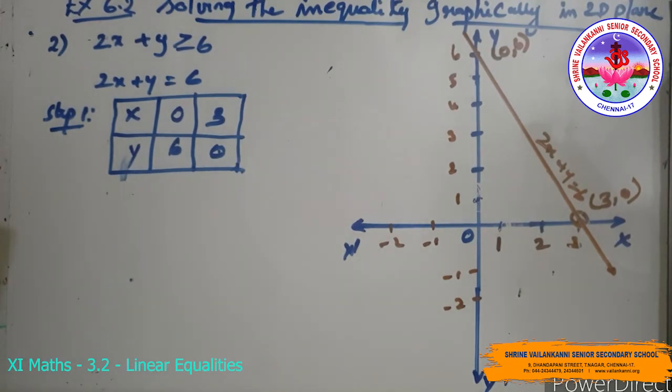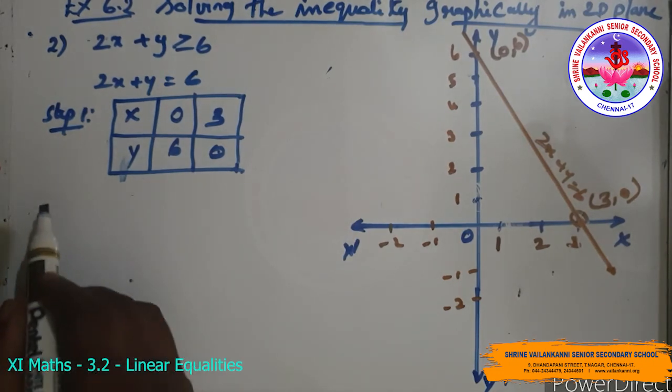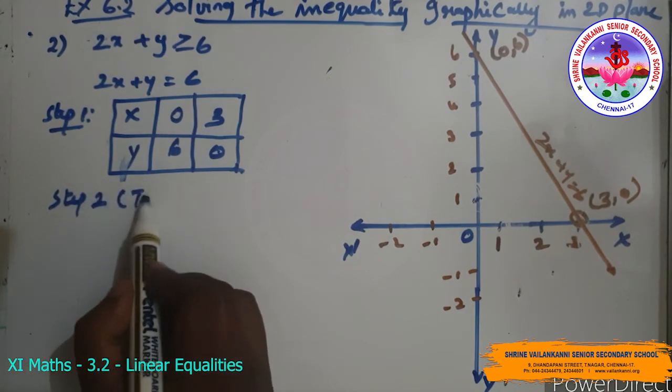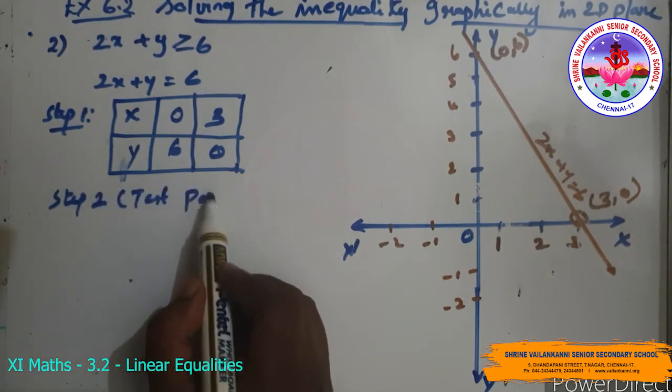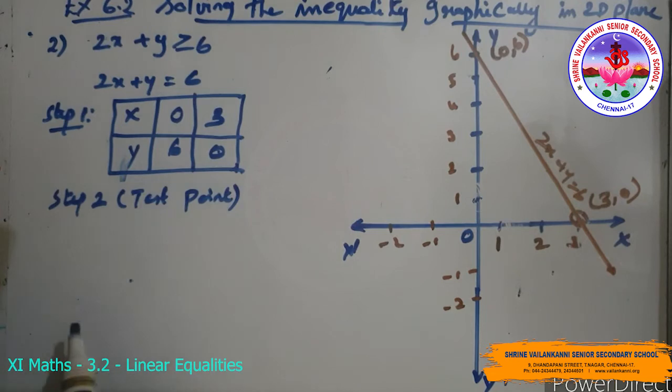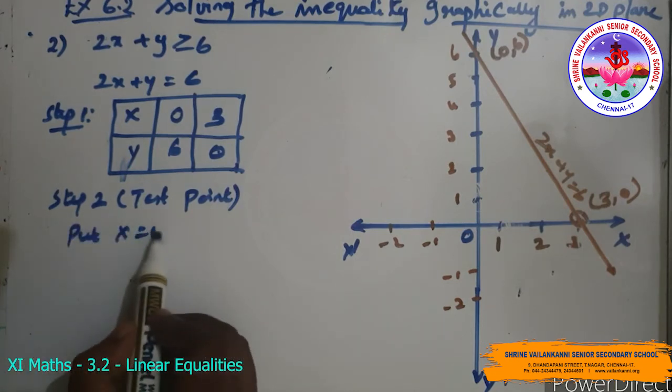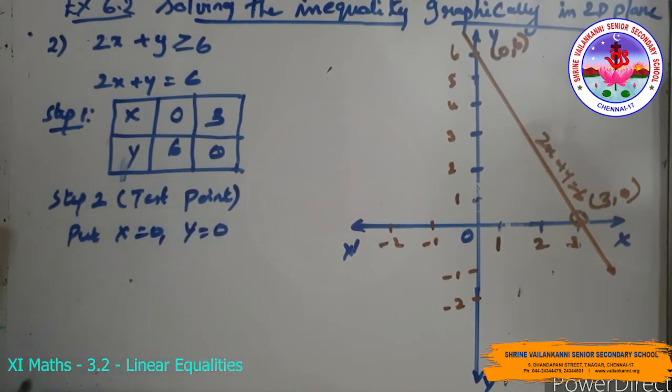Now we have to select a point, that is 0, 0, which is not on the line, which lies in one of the half planes, to determine whether the point satisfies the given inequality or not. Step 2, test point. Put x equal to 0 and y equal to 0.